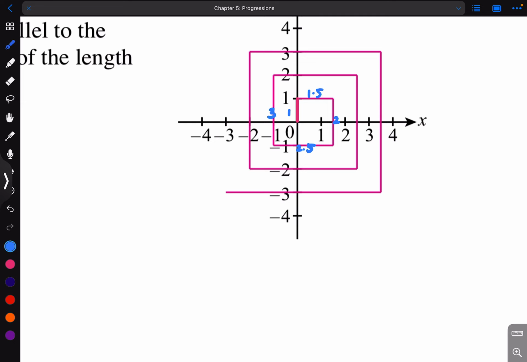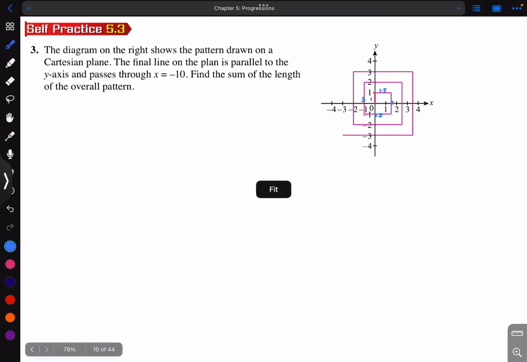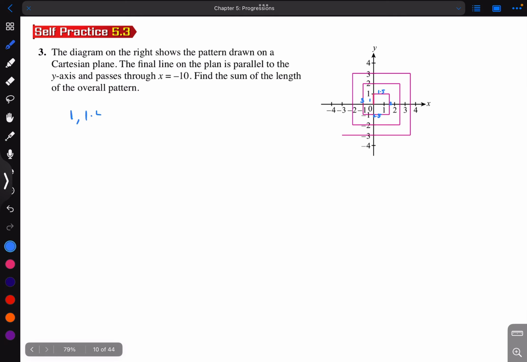I think we can see the pattern here. So 1, 1.5, 2, 2.5, 3, 3.5, 4, 4.5 and so on. So our pattern of the lines will be 1, 1.5, 2, 2.5, 3, 3.5 and so on.